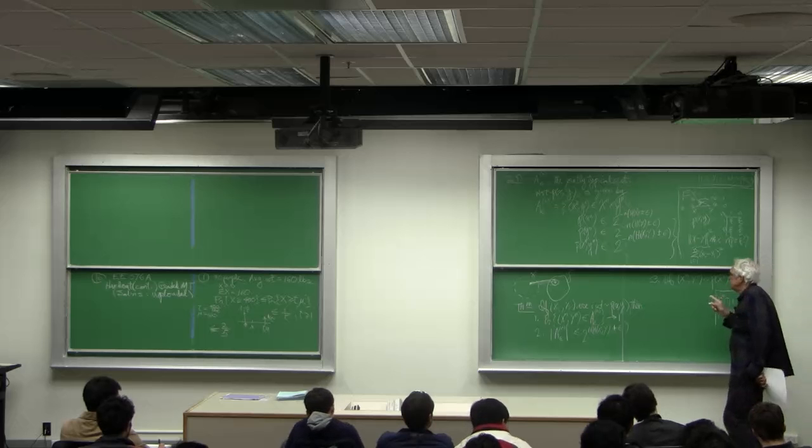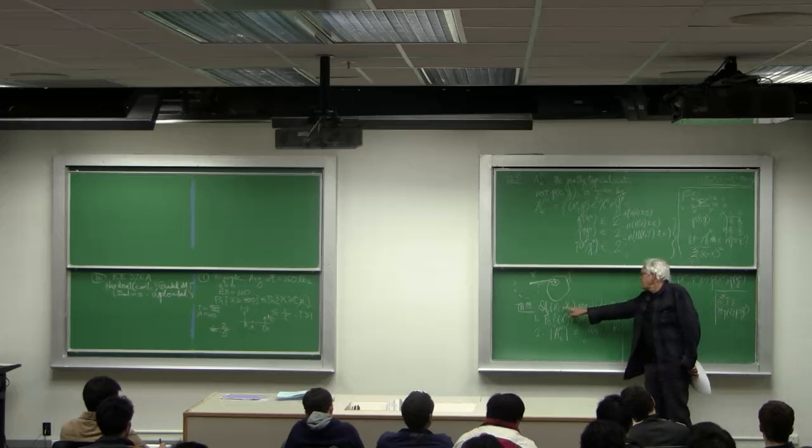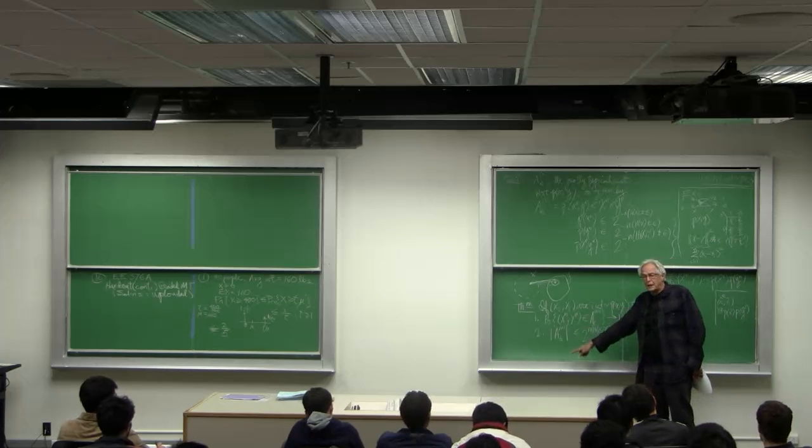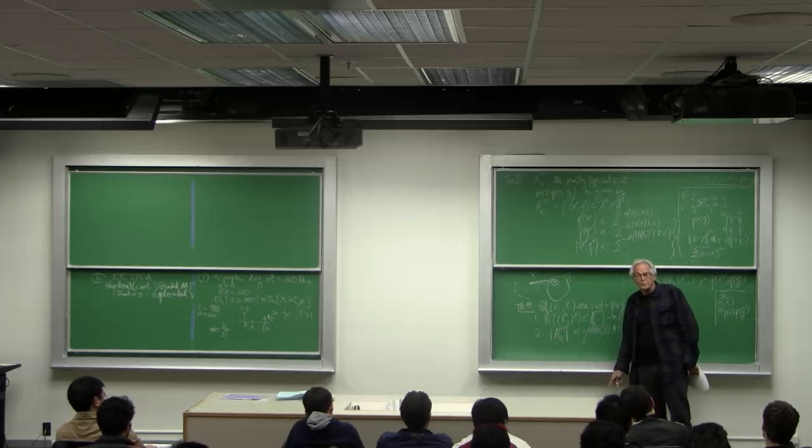So, if they have the right joint distribution, they'll be typical with high probability, and there aren't very many of them.